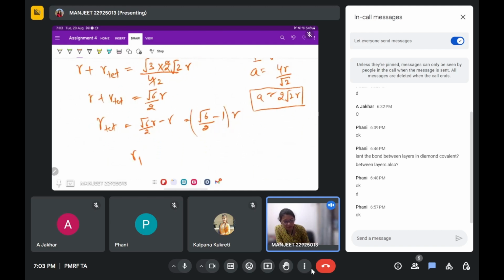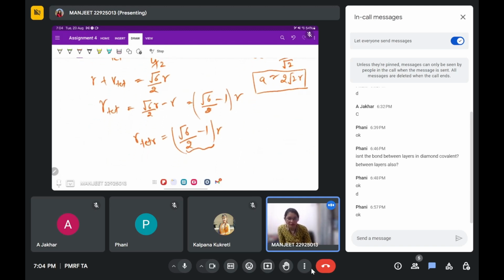So that will be the R tetrahedral, the radius of the atom that can fit into the tetrahedral void. This is the maximum size that an atom can have to occupy the interstitial site, I mean, the tetrahedral void position. So how much are you getting for this one? Root 6 divided by 2 minus 1, into R. What is its value? Just calculate this value.